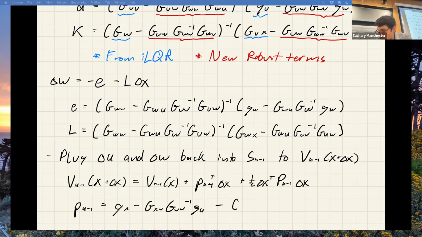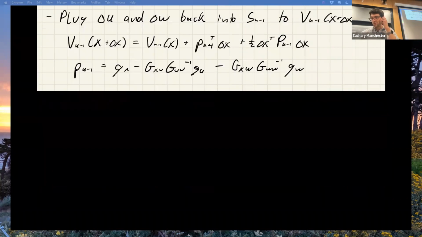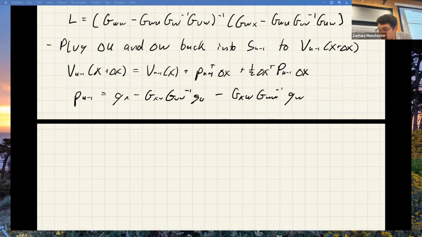That's the standard LQR stuff, and then you get the extra term with the W player making the cost worse. And then the Hessian, similar idea.